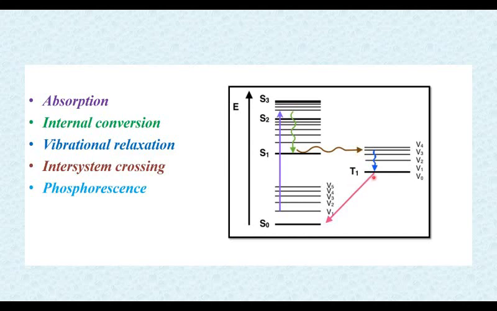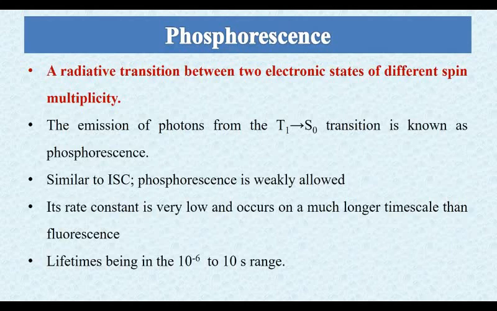And then there is phosphorescence. It is also a type of inter-system crossing, but when the electrons from T1 come to the ground state, this inter-system crossing is called phosphorescence. Phosphorescence is a radiative transition between two electronic states of different spin multiplicity.